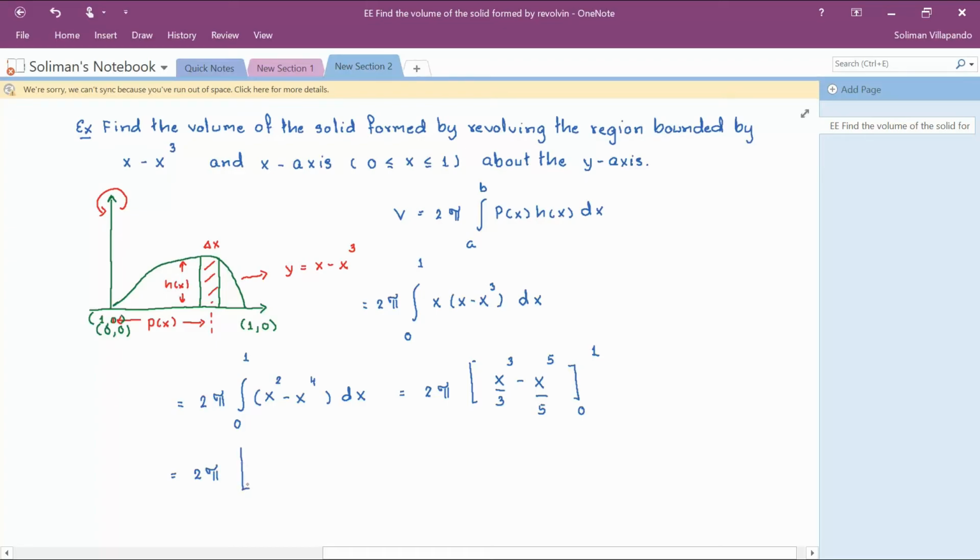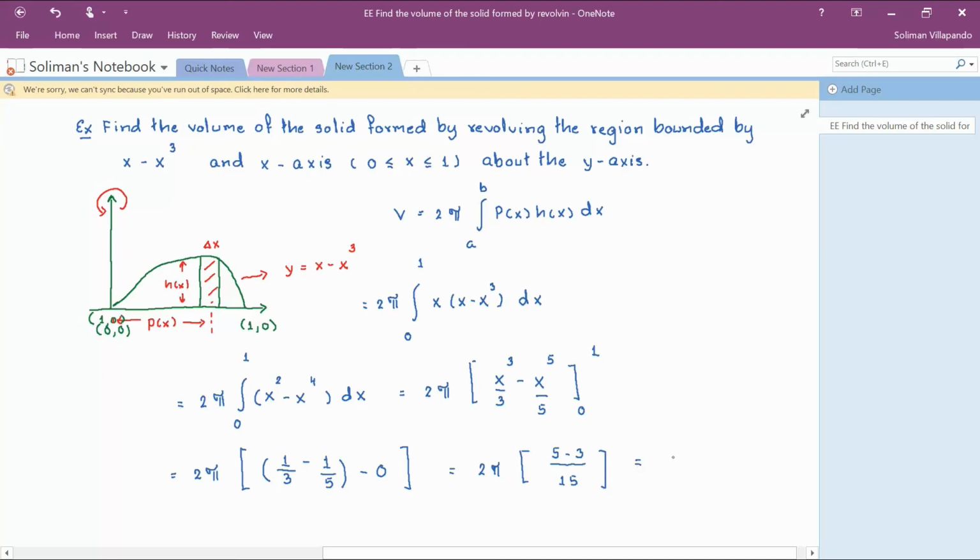If I substitute the 1, I'm going to have 1/3 minus 1/5. And if I substitute 0 for x, it's going to be minus 0. So we're going to have 2 pi, and the LCM is 15. So it's going to be 5 minus 3, which is 2 over 15.